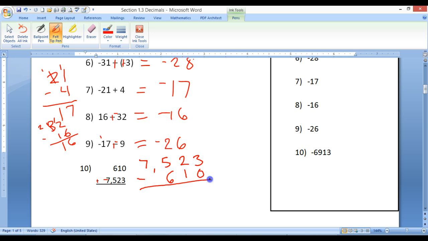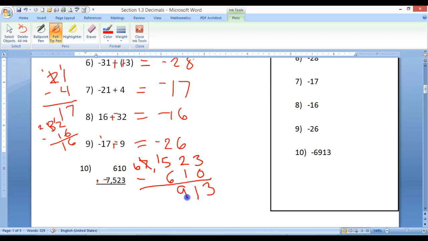610. So now I do 3 minus 0 is 3, 2 minus 1 is 1, 5 minus 6, can't do that, so I need to go borrow. Borrowing 1 from the 7 makes it a 6. Give the 1 to the 5, so I have 15 minus 6, which is 9.